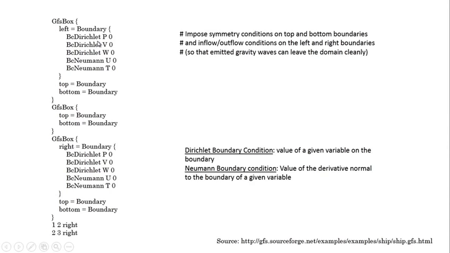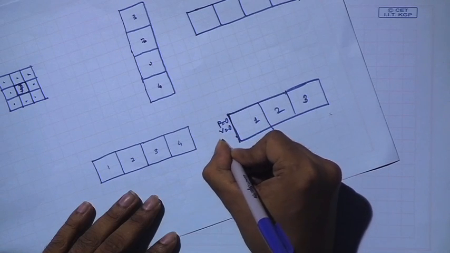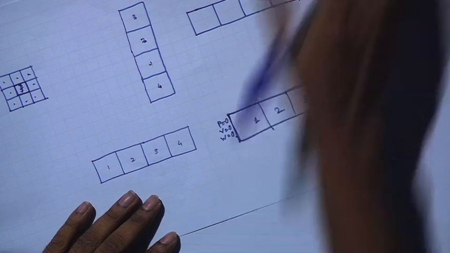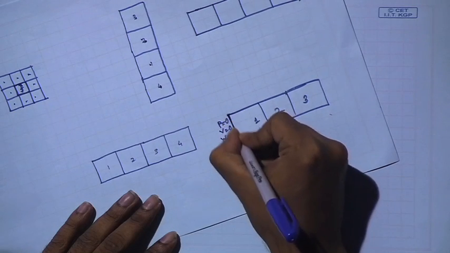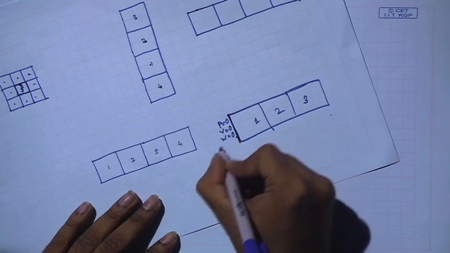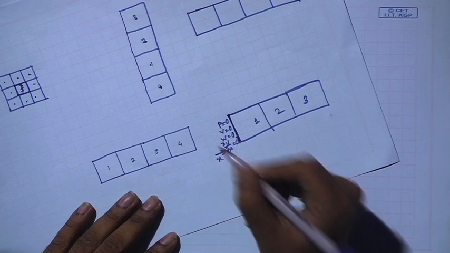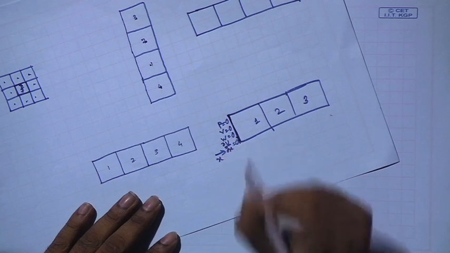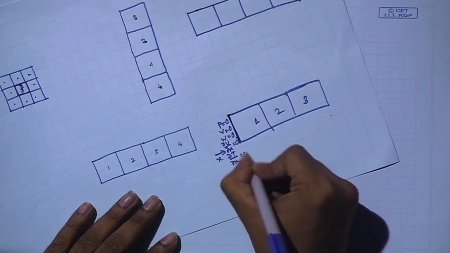Let us see: BC Dirichlet P 0 means here you are mentioning pressure P equal to 0, Dirichlet V 0 means V equal to 0, these are velocity components, W equal to 0, and then BC Neumann U 0, if this is the x direction and this is our boundary, then del u by del x equal to 0, the derivative normal to the boundary. Next condition was BC Neumann T 0, so now del T by del x equal to 0.